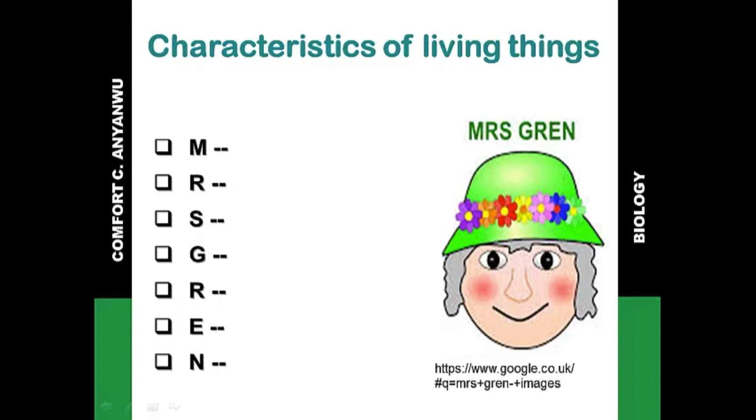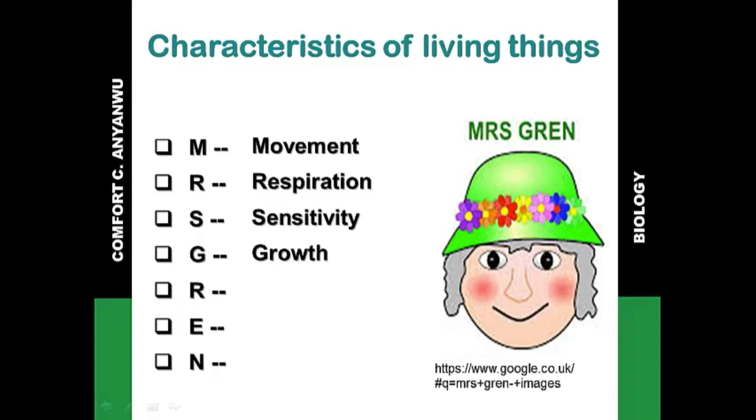If you have answered, M is for movement, R for respiration, S is sensitivity, G for growth, R for reproduction, E for excretion, and N is for nutrition. I would say well done for remembering what we learned last lesson.